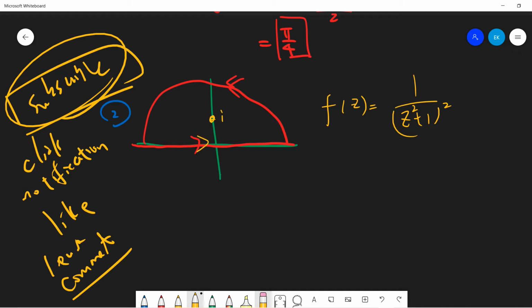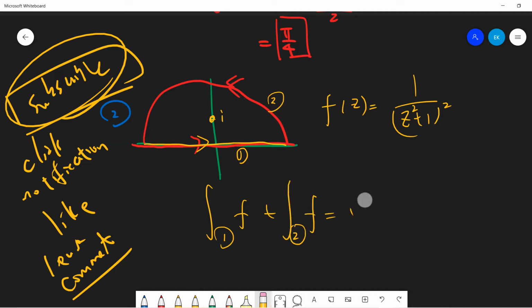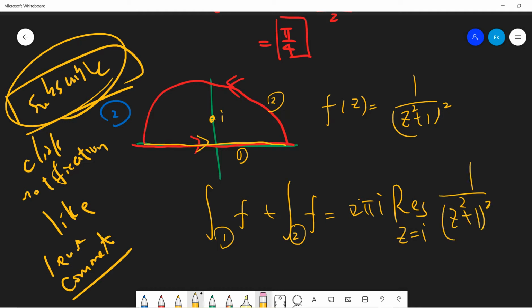So you choose a calculation: this part plus this part, let's say these are 1 and 2. The integral over 1 plus the integral over 2 will give you 2 pi i times the residue, and the only residue is at i, of 1 over (z squared plus 1) squared.